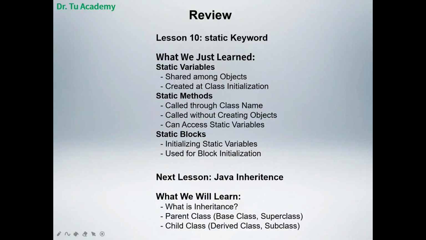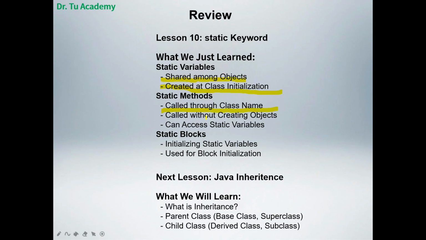Let's summarize what we just learned about the static keyword. We use the static keyword to define static variables, and static variables are shared among objects. Static variables are created at class initialization. We also use the static keyword to define static methods. To call a static method, we have to call it through the class name because it belongs to the class, not the object.